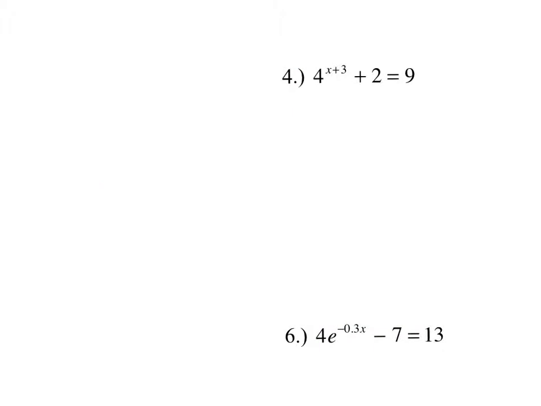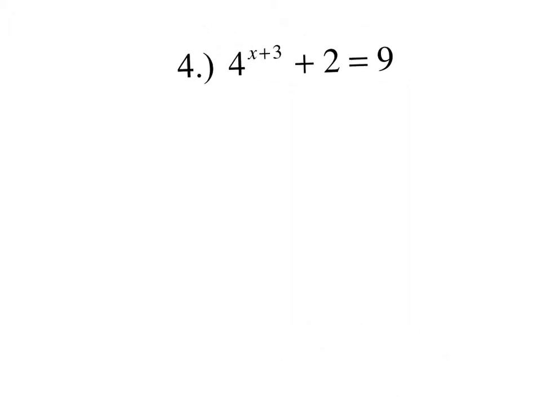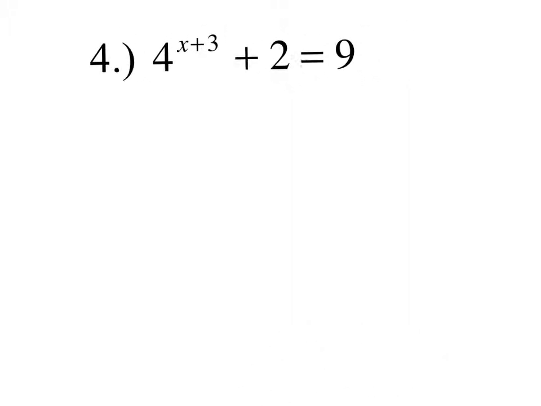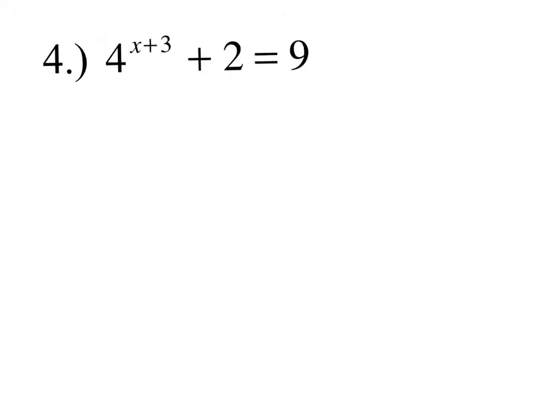Okay, number 4 and number 6. For 4 and 6, they do not have an exponent on both sides of the equal sign, so we are going to have to undo the exponential part. To undo an exponential, you know that you have to turn it into a log equation. But first, we have to get that exponential part by itself.